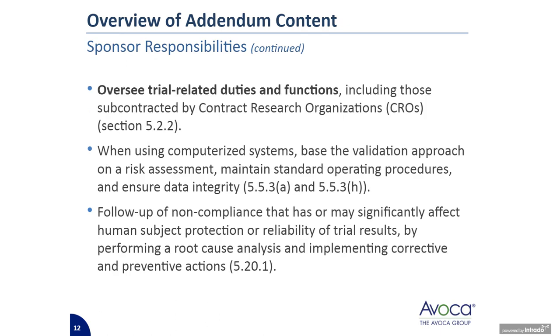When activities are outsourced, including duties and functions subcontracted to other parties by the CRO, the ultimate responsibility for quality and integrity of the trial data always resides with the sponsor, who provides oversight. Sponsors utilize specialty vendor services such as central labs for critical data, for example, data that are critical to ensure human subject protection and or the reliability of trial results.